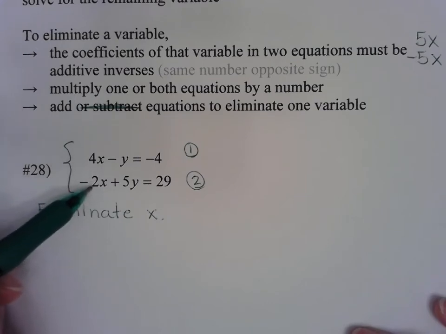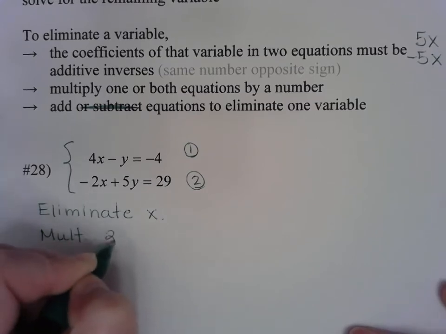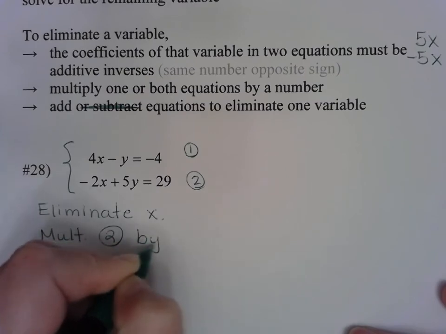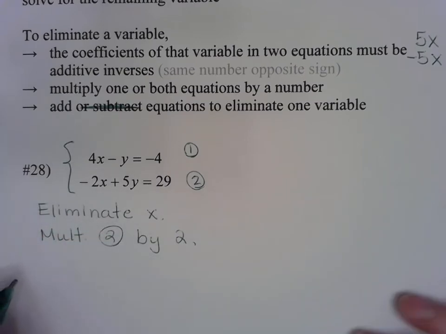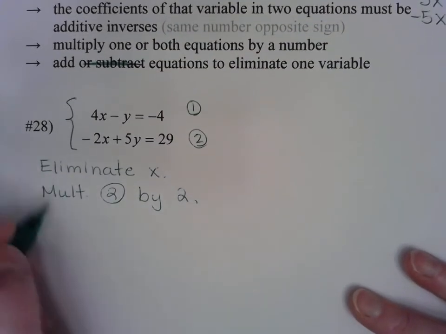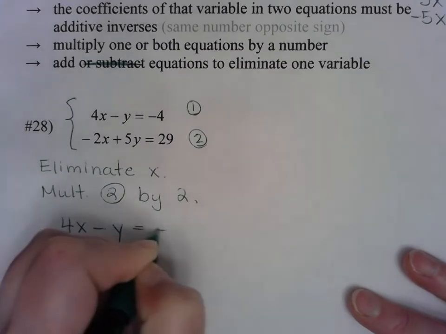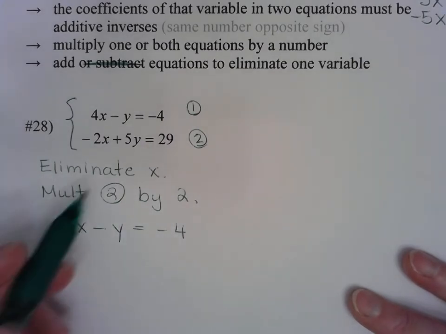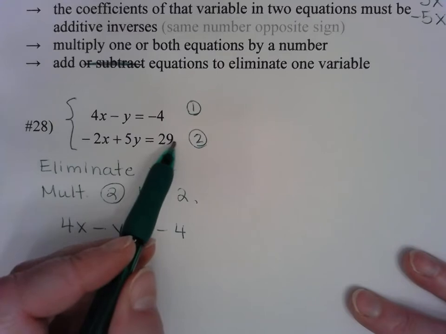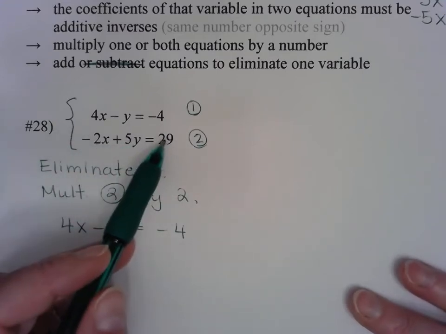So I can do that if I multiply the second equation by 2. What I'm going to do is copy down the first equation. And then I'm going to multiply everything in the second equation by 2, not just the x part, but all 3 parts.